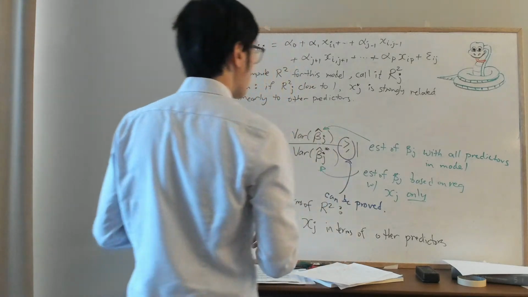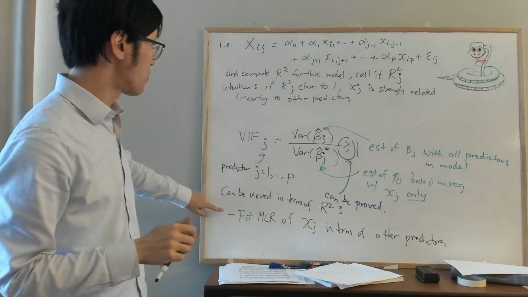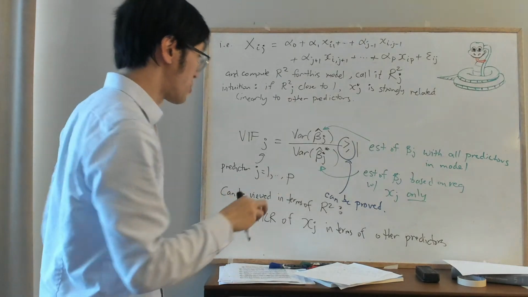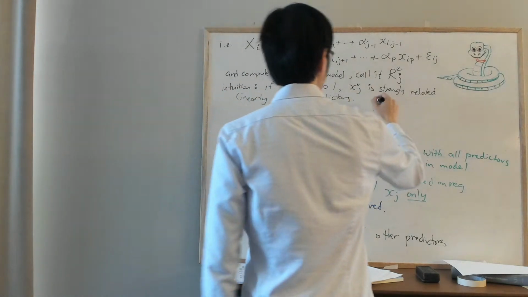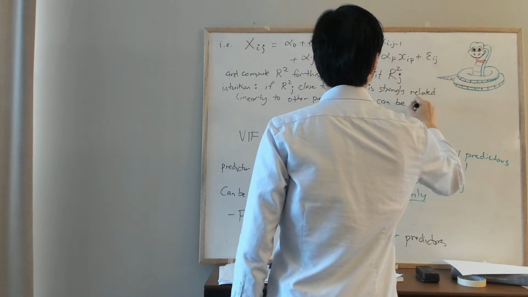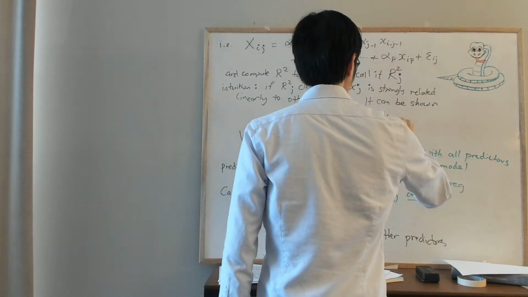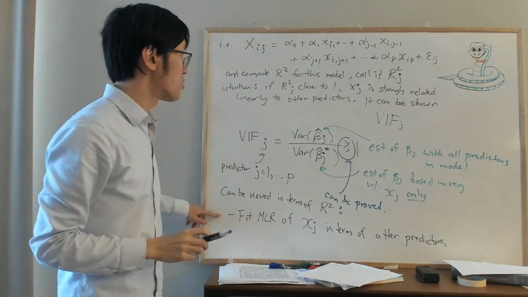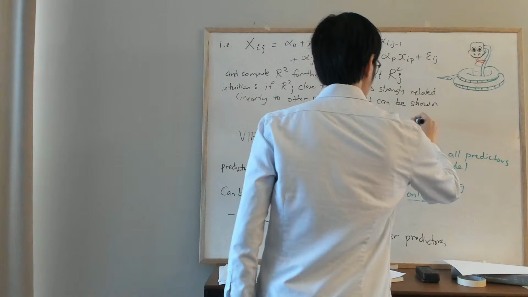What we can use as a formula for VIF based on this concept is, it can be shown that based on this R squared formulation, we can use this to calculate the VIF. It's actually very simple.